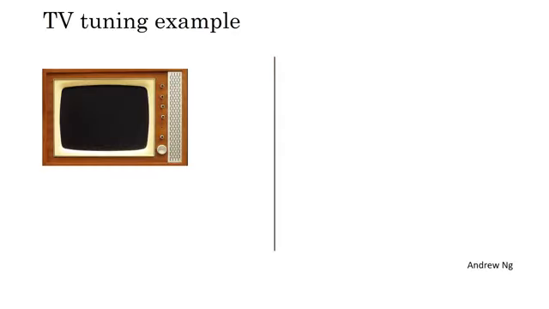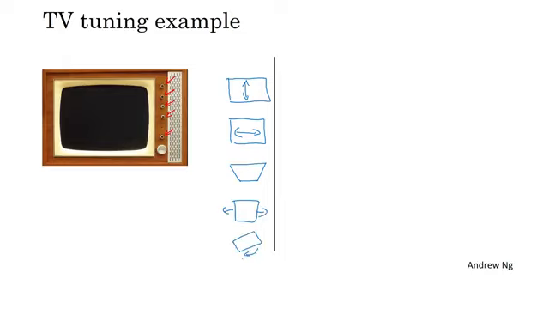Here's a picture of an old school television with a lot of knobs that you could tune to adjust the picture in various ways. So for these old TV sets, maybe there was one knob to adjust how tall vertically your image is, another knob to adjust how wide it is, maybe another knob to adjust how trapezoidal it is, another knob to adjust how much to move the picture left and right, another one to adjust how much the picture is rotated, and so on.